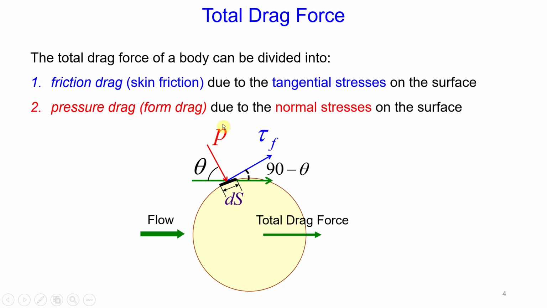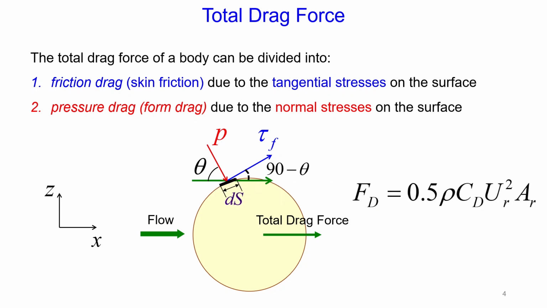So to add these two forces together, friction drag and pressure drag, you have to calculate the projection of each of these forces on the horizontal axis, and this is in the direction of the flow, and then you can add them together. So in our example, the horizontal coordinate is defined as x, and the vertical coordinate is defined as z.